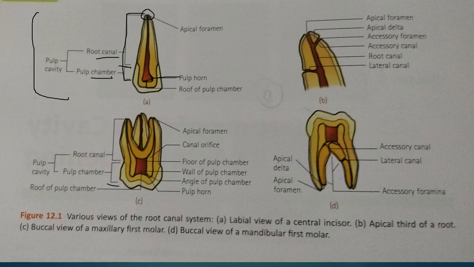This is the pulp cavity from here to here, pulp chamber and root canal. Coming to the roof of the pulp chamber, this is occlusally, pulp horn, angle, wall of the pulp chamber, and the floor of the chamber. It is near the furcation area, right? So hence it is called the floor of the pulp chamber. And this is a canal orifice. It forms a way to enter into the root canals. Apical foramina, these two I will deal with in the next slide.